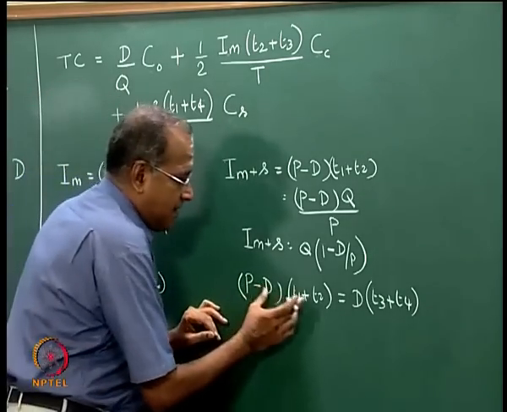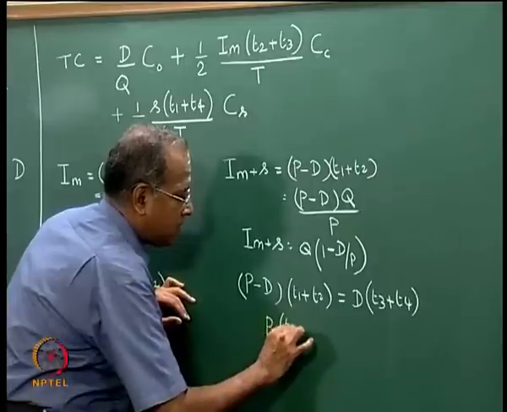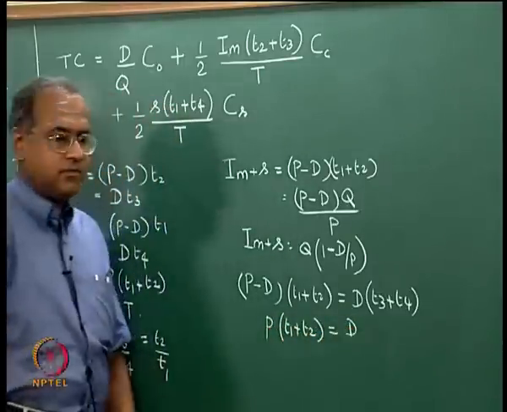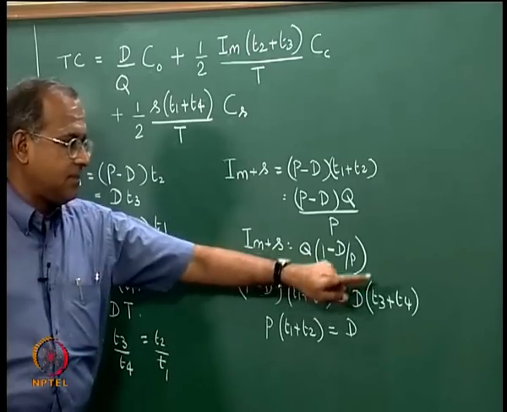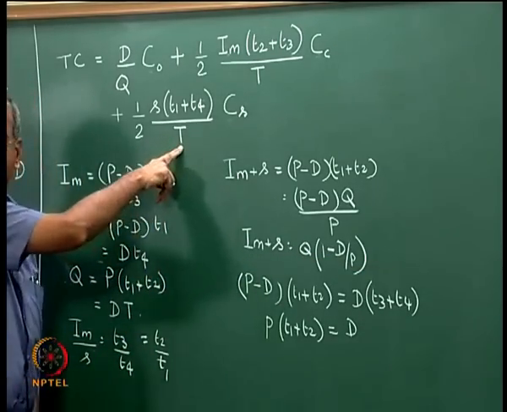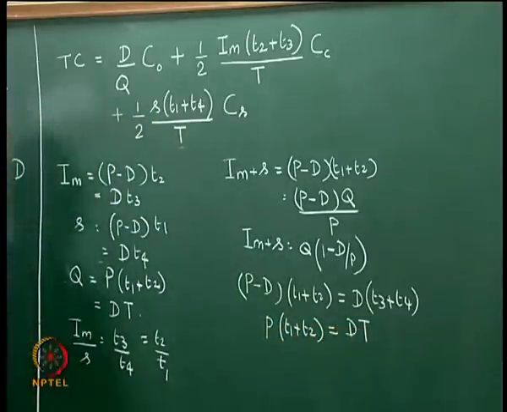Now, we take this D into T1 plus T2 on the other side. So, P into T1 plus T2 is equal to D into T1 plus T2 plus T3 plus T4. So, we also know that this capital T is T1 plus T2 plus T3 plus T4. So, this is equal to DT.